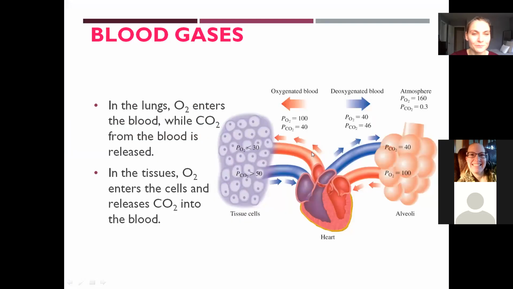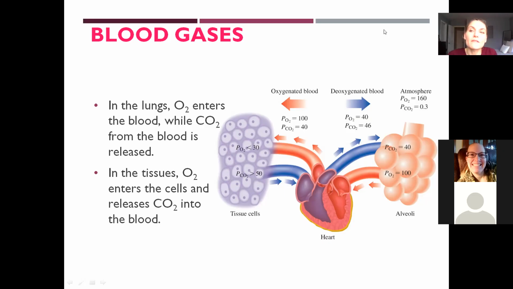Okay, so again, this is a huge deal when it comes to thinking about healthcare, because we think about this for our respiratory system and our cardiovascular system. These changes in gases allow us to either pick up CO2 or drop off CO2 or pick up oxygen.